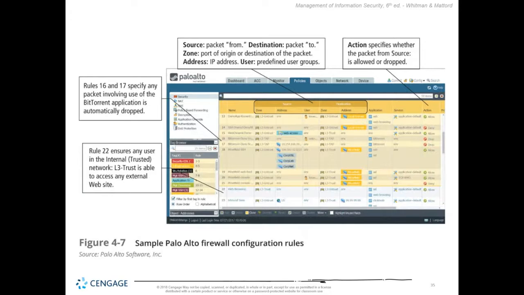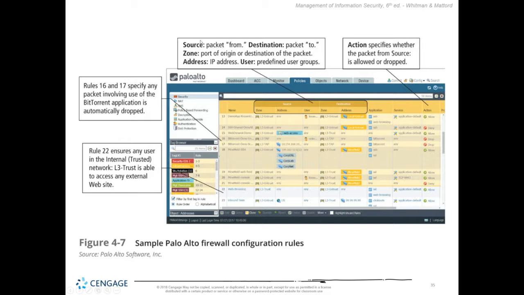So for example, here we're looking at Palo Alto firewall configuration rules. A BitTorrent application is automatically dropped.